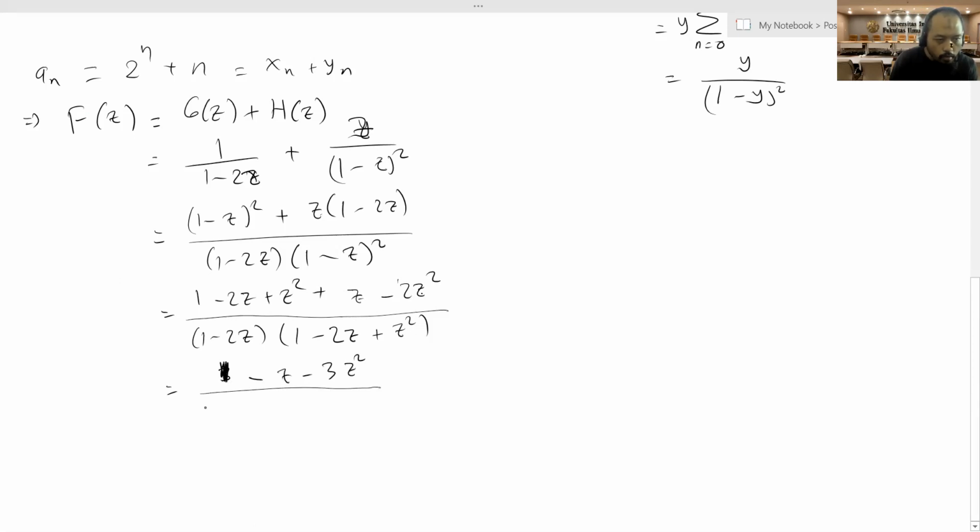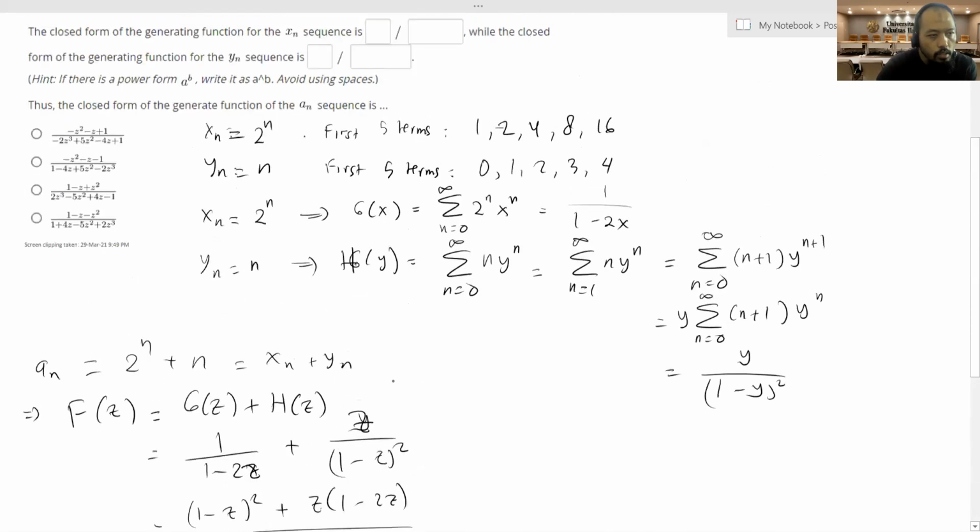Over 1 minus 4z plus 5z squared minus 2z cubed.